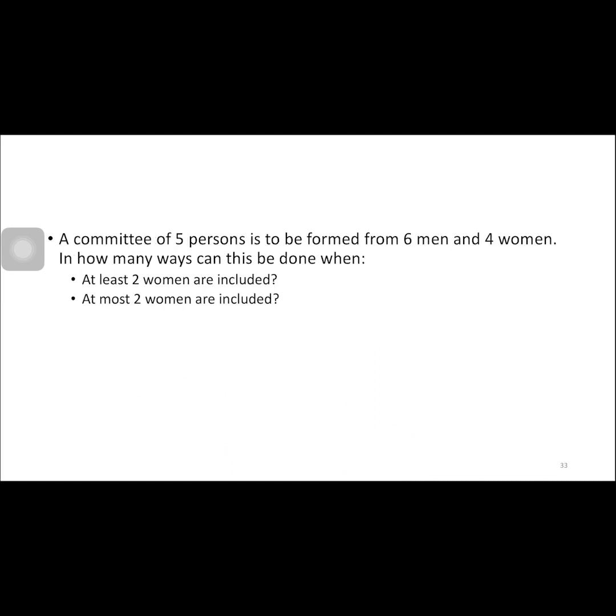Next. A committee of 5 persons is to be formed from 6 men and 4 women. In how many ways can this be done when at least 2 women are included? And another question is, at most 2 women are included.